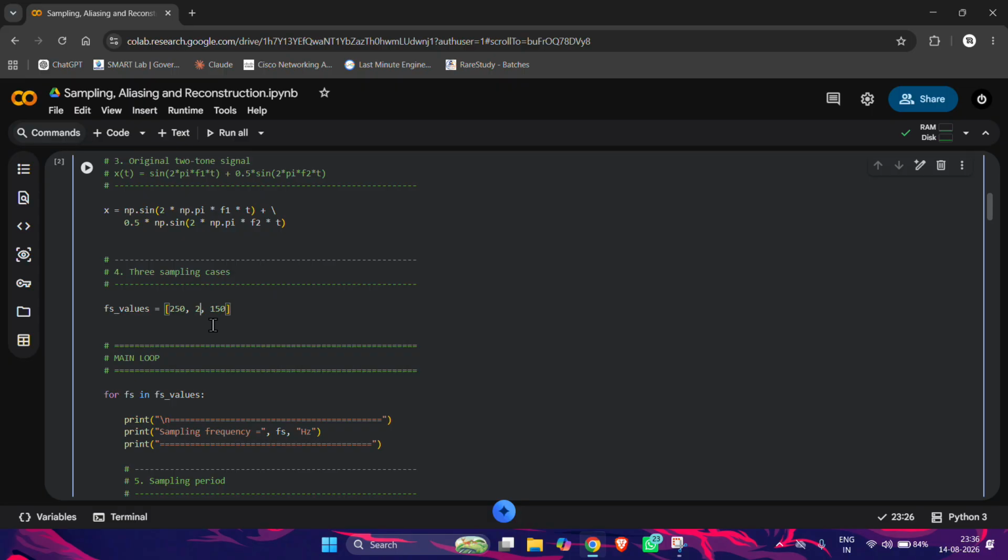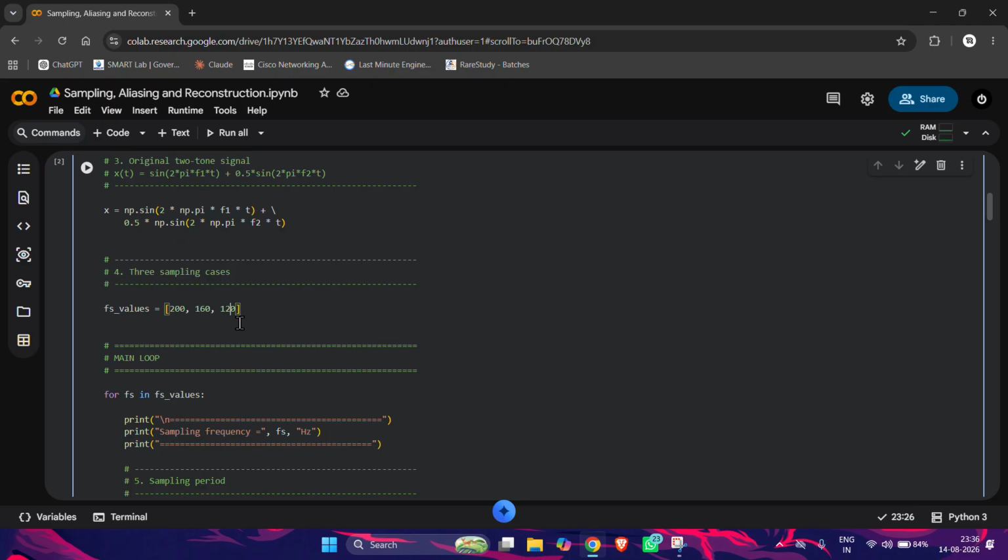Now as the Nyquist rate becomes 160 Hz, this range will also get changed. Now the range becomes 200, 160 and the undersampled case will be, say, 120 Hz.